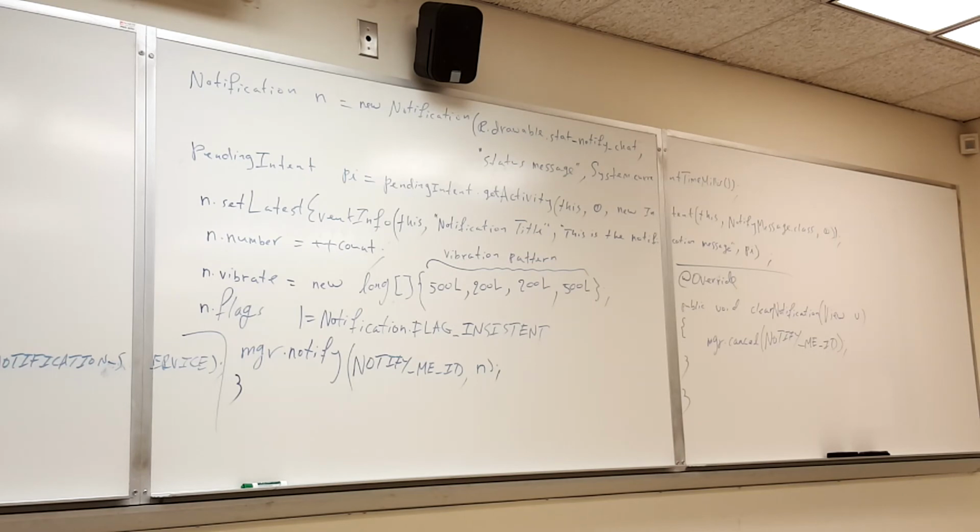The counter would show you how many times you have been notified. If you want to do it, you could say if, for example, count is less than 2, then do this.